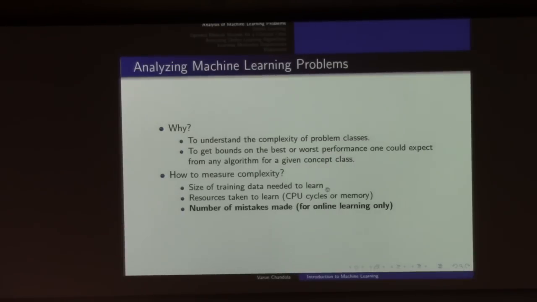The last one is the number of mistakes you make. Now this is mainly for online learning, and we looked at it. I'll tell that again, but this is more about how many mistakes you would make before you have learned that class, right? It's like that song, how many roads must a man walk down before you call him a man, right?